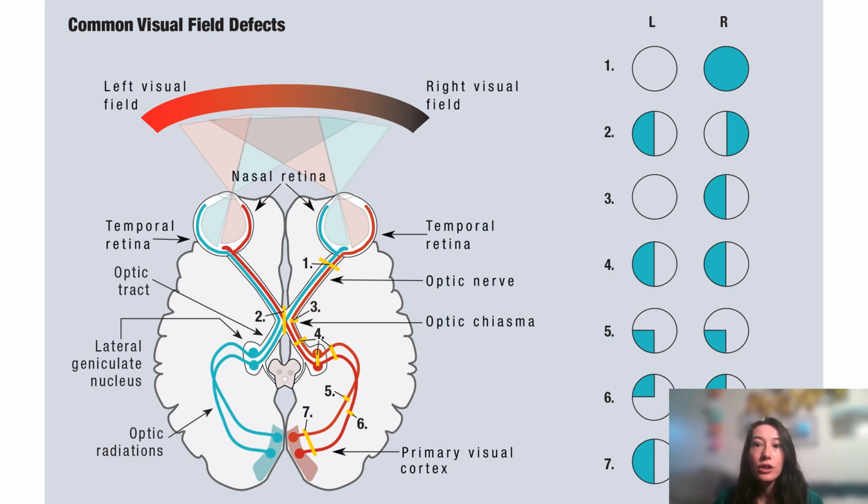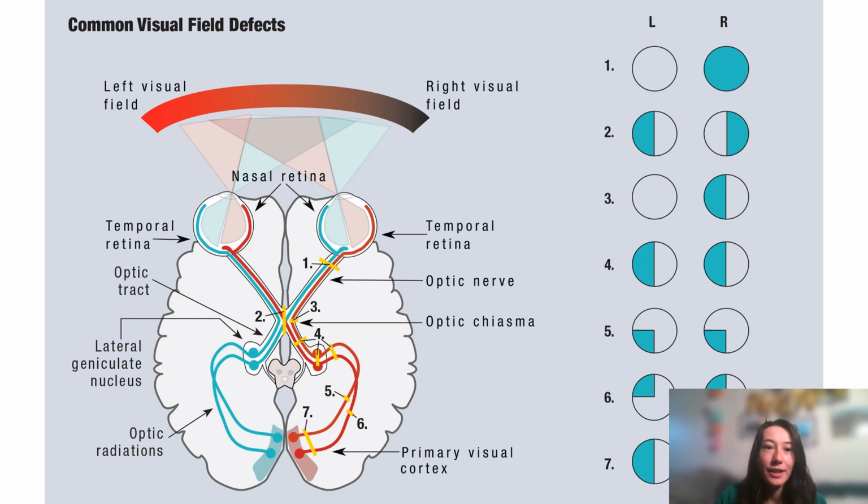You're going to see that these two blue lines, even though they were on different eyes, both end up going to the left side of the brain, while the two red lines, once again, even though they're on different eyes, end up going to the right side of the brain. So we're no longer blue, red, blue, red. When we enter the brain, it's blue, blue on the left, red, red on the right. Now, when we're talking with respect to sides, of course, it's not blue and red.